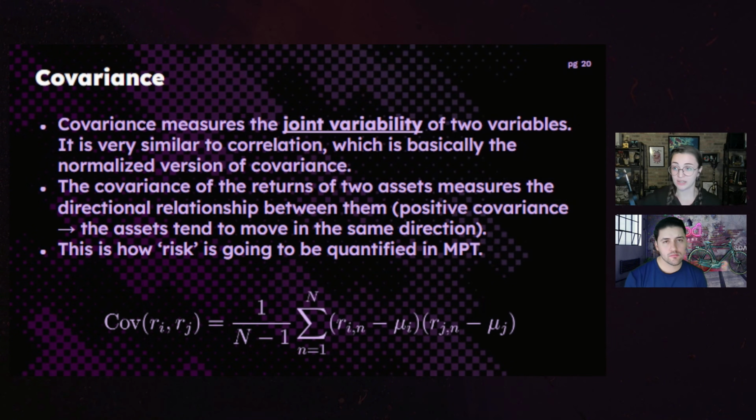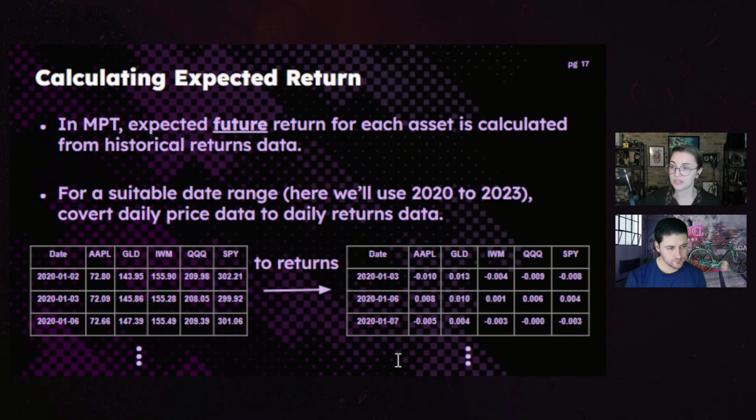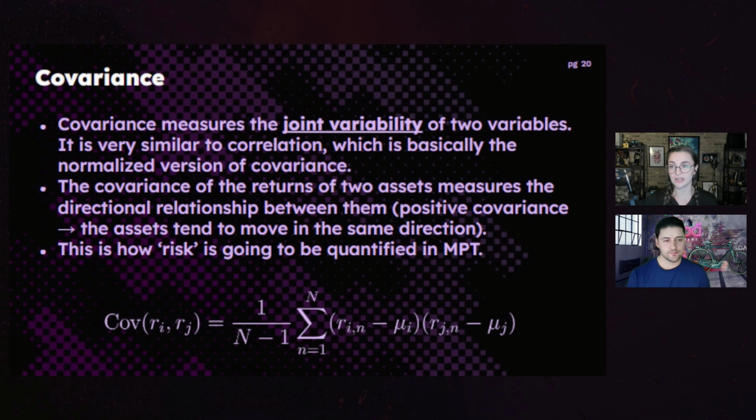If we talk about daily returns volatility, we're taking the standard deviation of this returns data. Variance is just standard deviation squared. So these are just statistical tools for measuring risk. When we talk about covariance, it's specifically the joint volatility between two variables. It's difficult to talk about this in detail without getting into the mathematical weeds, but what we're trying to capture with covariance is the risk between a pair of assets.